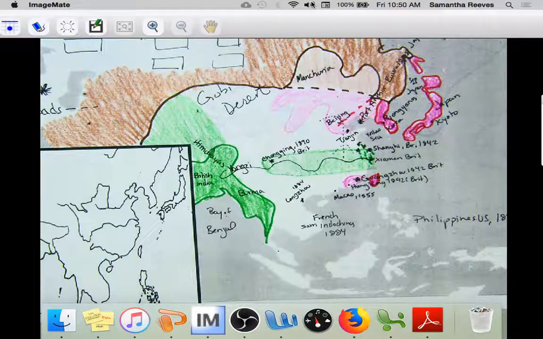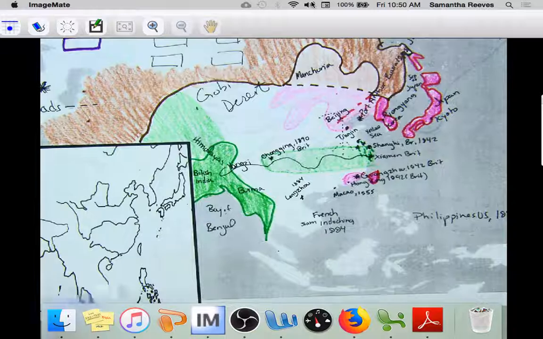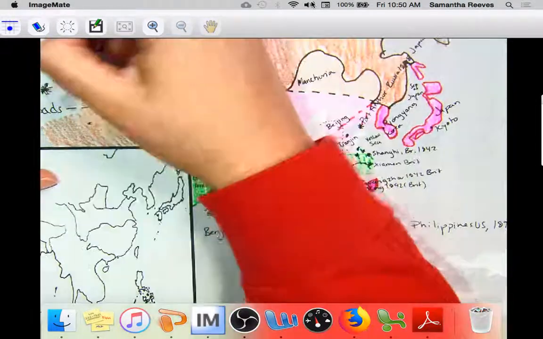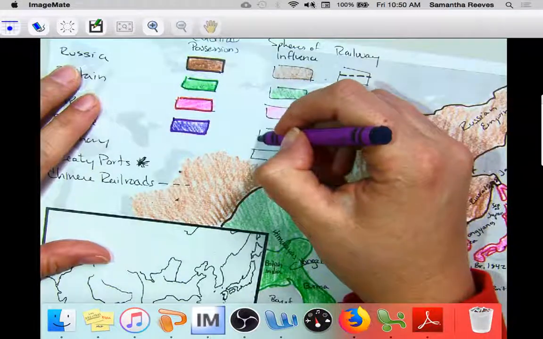Alright, next is France. For me, they are purple. Here's my dark purple. Here is my light purple.